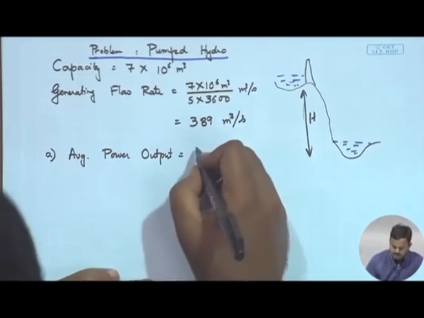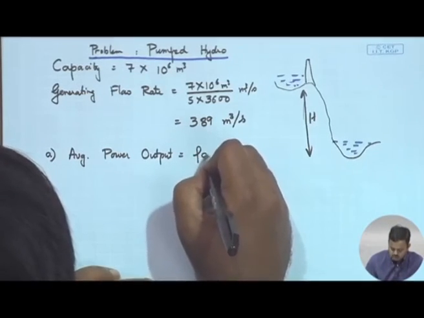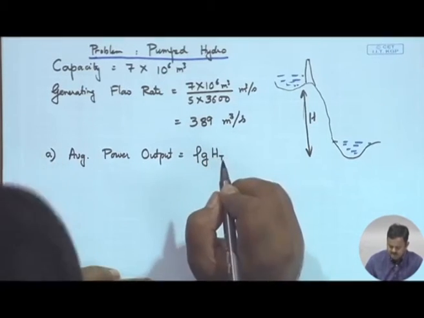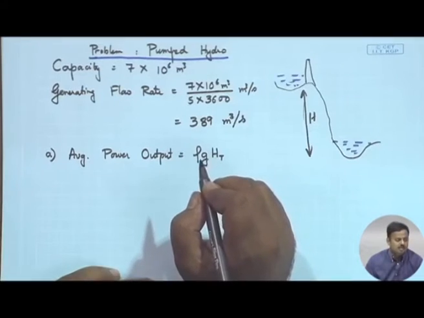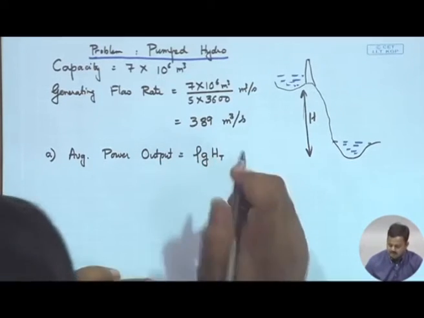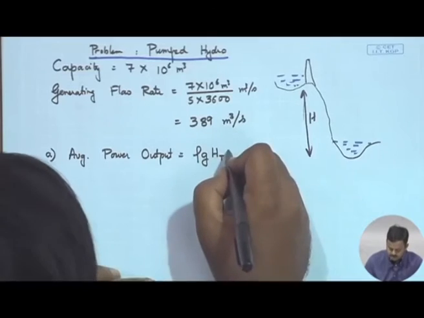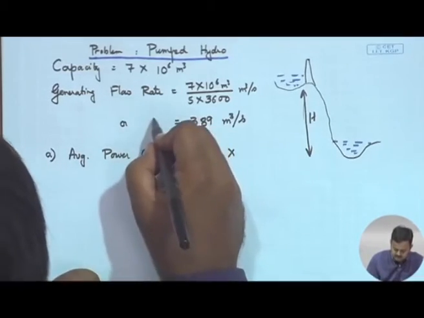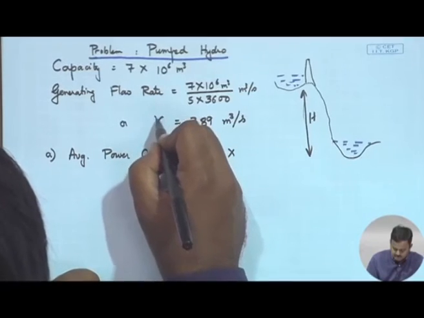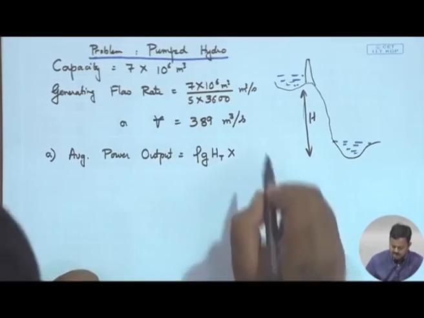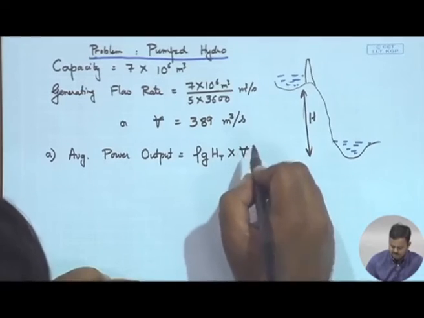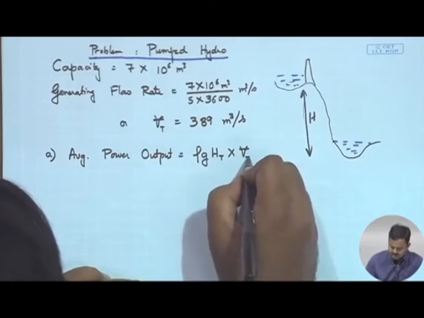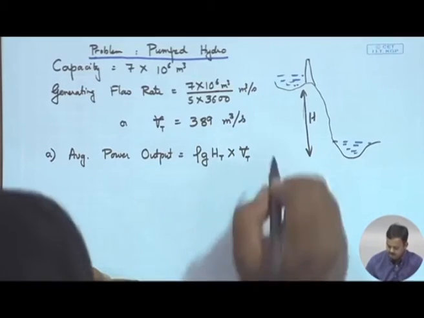So, we can write it as rho g h t, which is the effective head in the turbine, times flow rate, normally denoted by V. You would also write it as V t, V turbine.